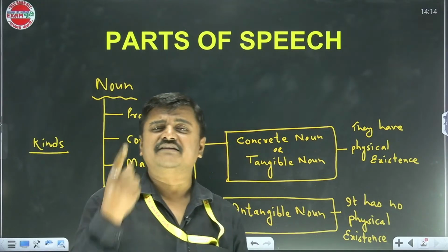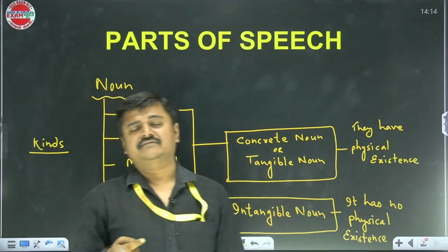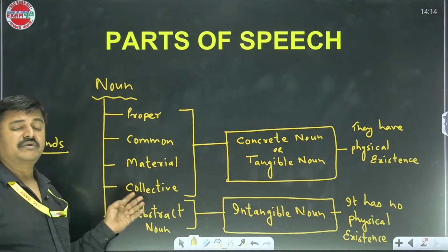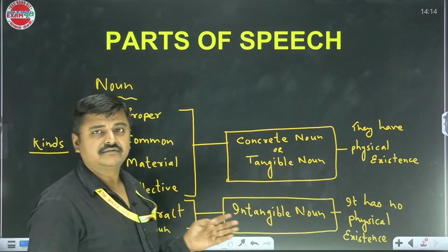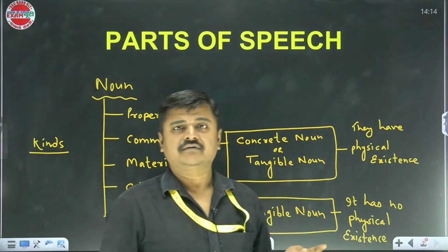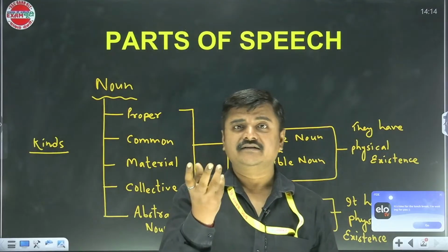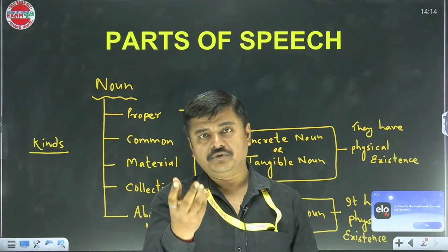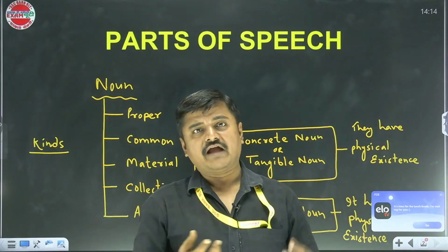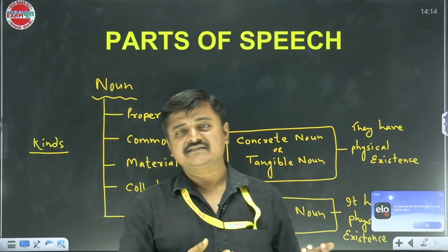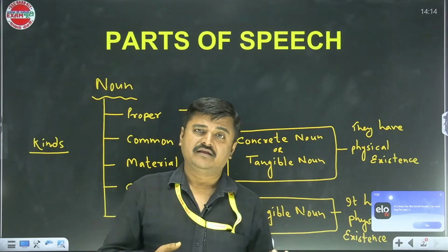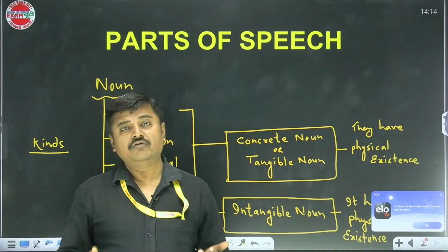It means they physically exist. Take some examples from collective noun. The class has a size. You know it. If I have a bouquet, it means it will have some weight. It will have some area or volume.